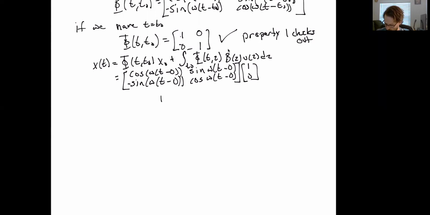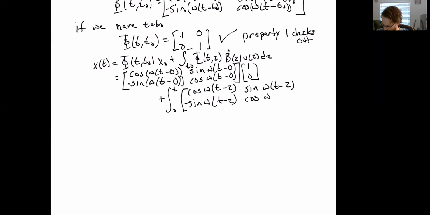And then we go plus, this is just plug and chug, right? Plus the integral from 0 to t of the matrix [cosine omega (t minus tau), sine omega (t minus tau); minus sine omega (t minus tau), cosine omega (t minus tau)], and now all this is multiplied by [0; 1].